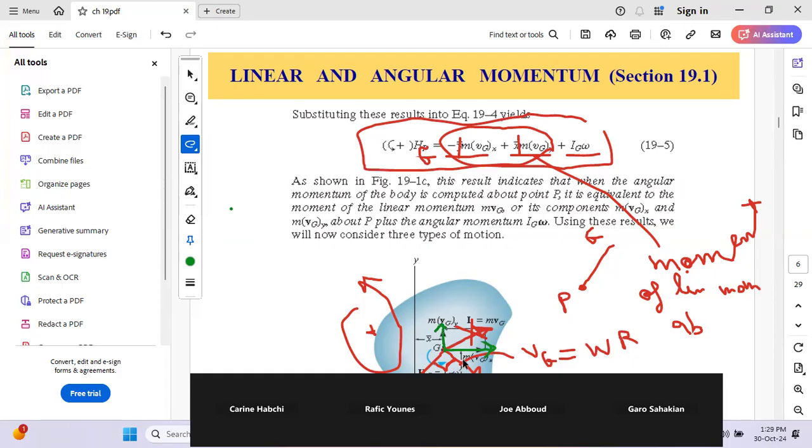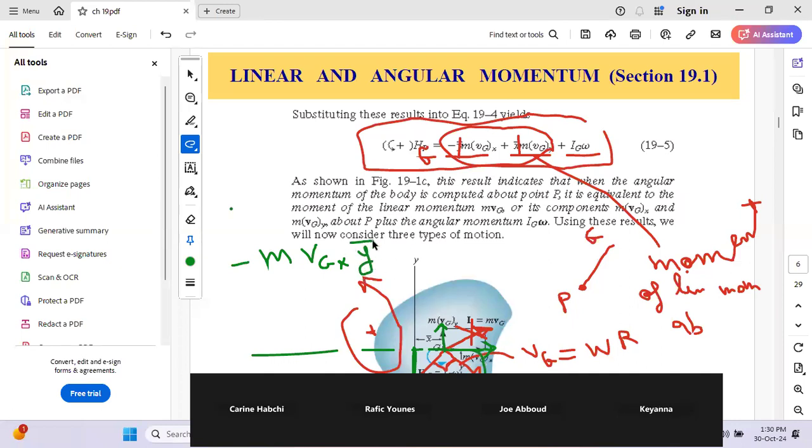If you look at m VGx, it's rotating about P in the clockwise direction, so the moment is negative. So you can write minus m VGx times the distance between point P and the line of action of VGx. If you take the perpendicular, this is y bar. So times y bar.